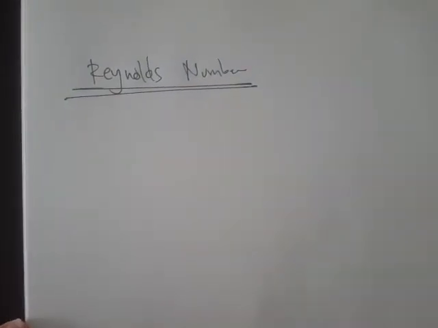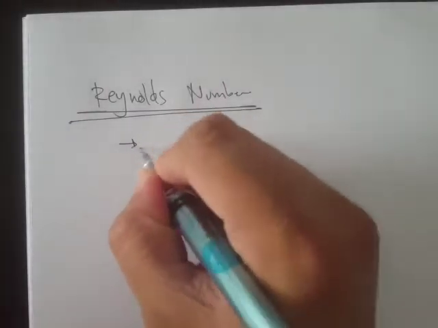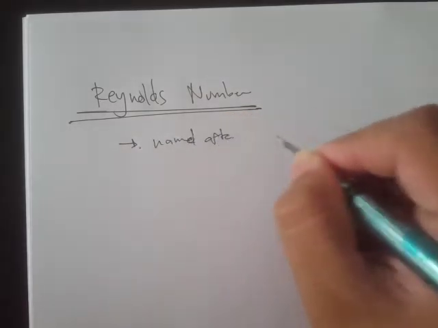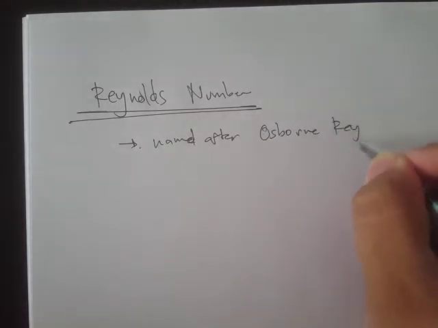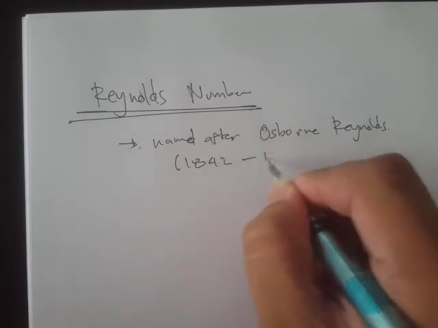When I say dimensionless numbers, they have no units, but they describe some situations or principles regarding, let's say, the fluid flow. The Reynolds number is named after Osborne Reynolds, 1842 to 1912.